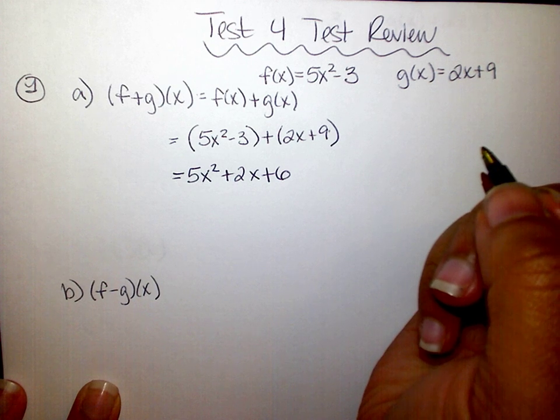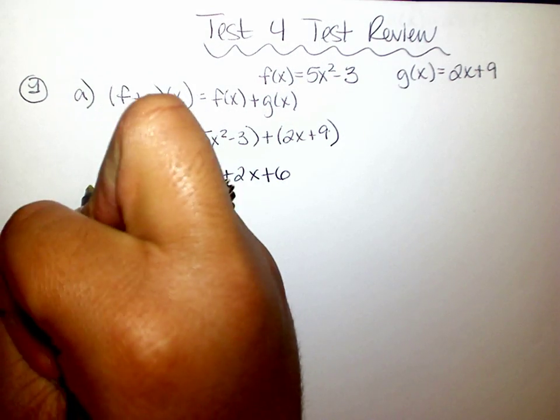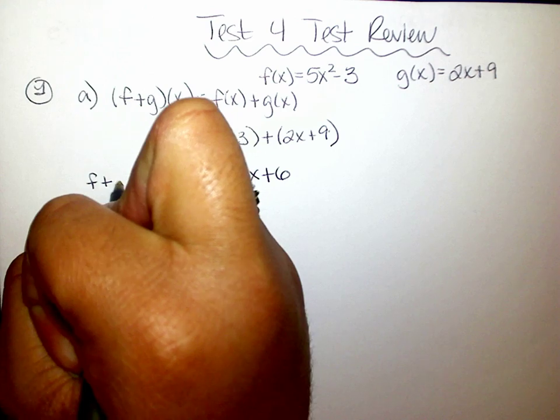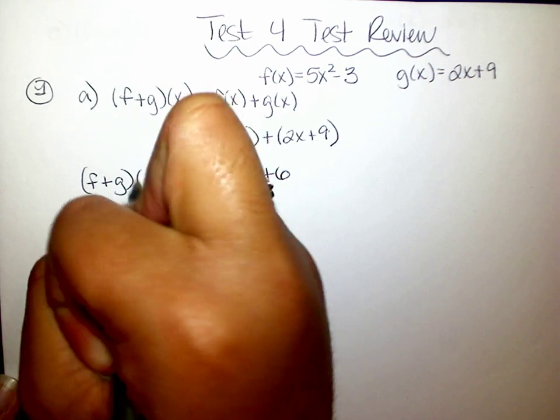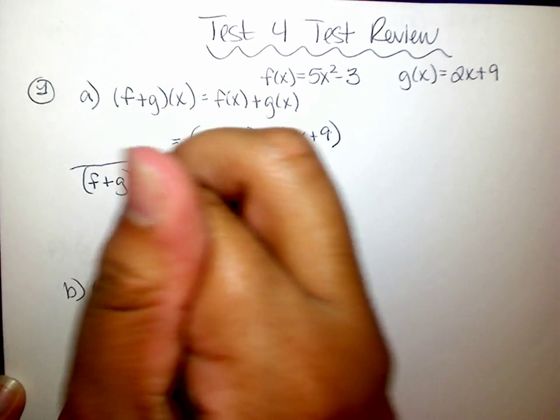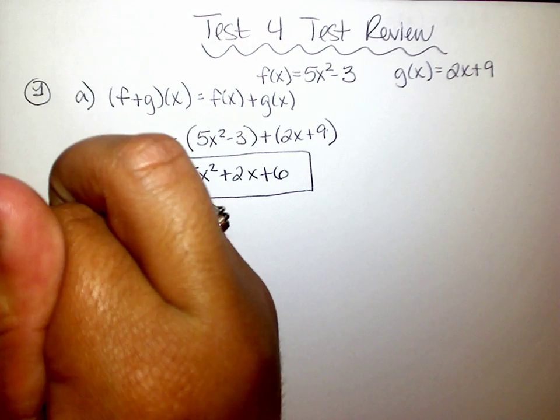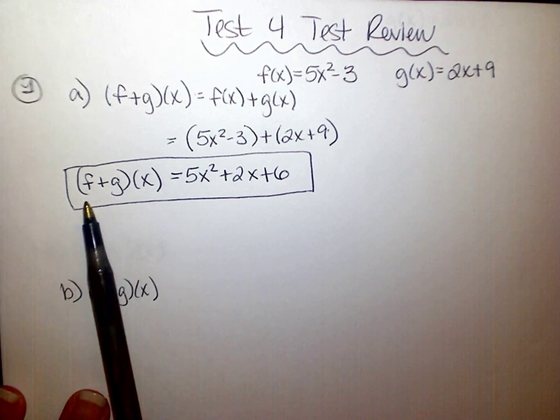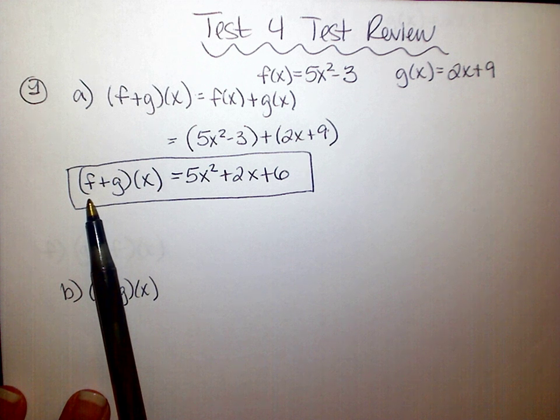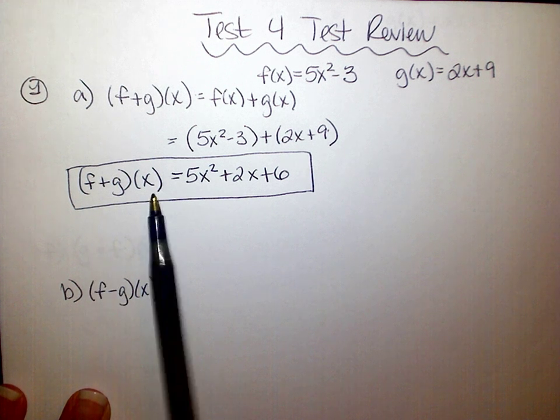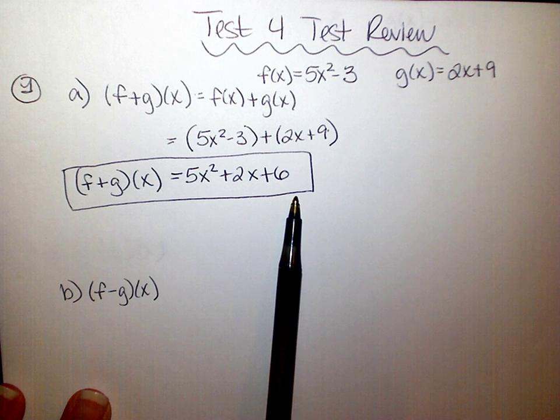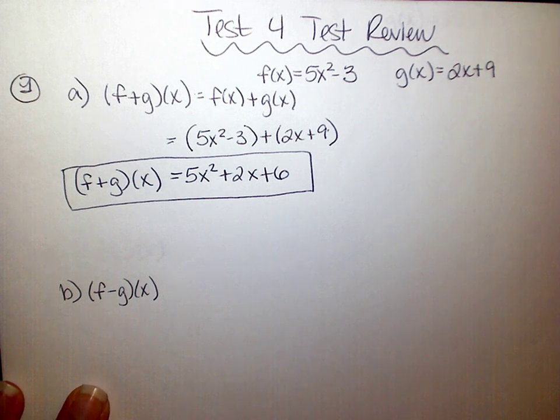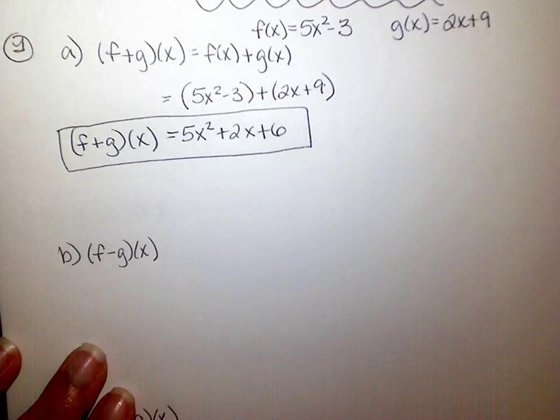So then our final answer will be this. So make sure when you write your answer that you put what you're asked to find equals what you found it to be. Alright, so that's A. So let's take a look at B.